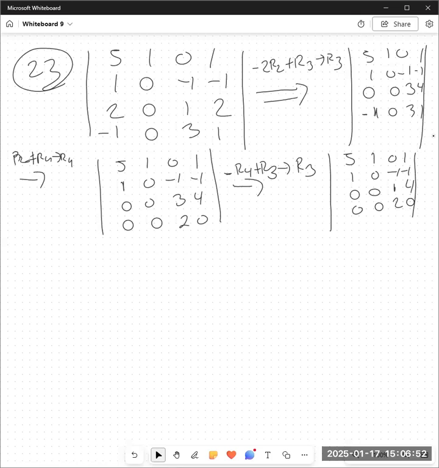All right, so I'm going to pull the 2 out from row 4.